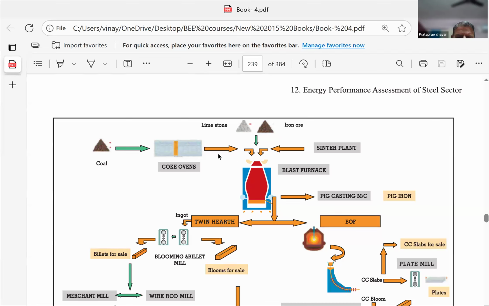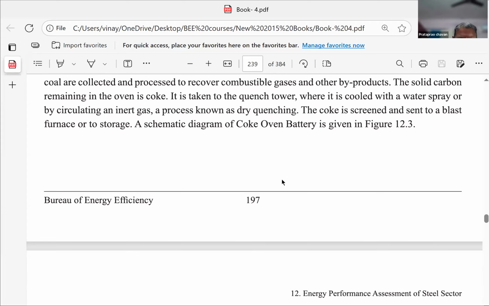The composition of sinter is nothing but the same composition: iron ore, the coke oven product, the limestone and so on. The material is the same, only it is now in a sizable form, 2 inch, 3 inch, 4 inch. This is fines converted into sizable material. That is the only difference.